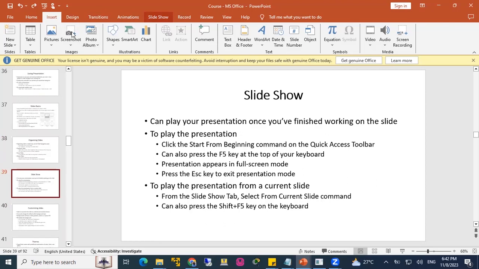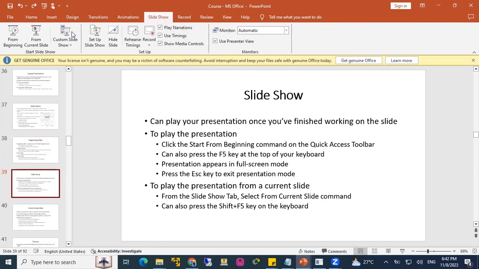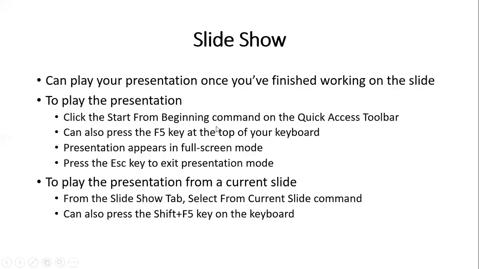The slideshow tab, when you click it, on the left side, you see either you can do a slideshow from the beginning or from the slide that I am currently on. Because I am here currently, I'll select from the current slide for it to show up. If you do from the beginning, it's going to start from the very first slide, that is the title slide. So if the title slide is the first slide, it's going to begin from there.